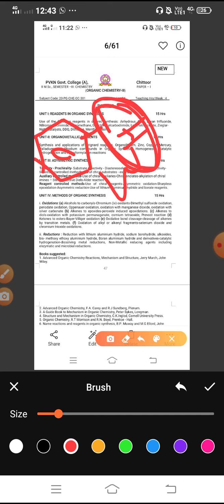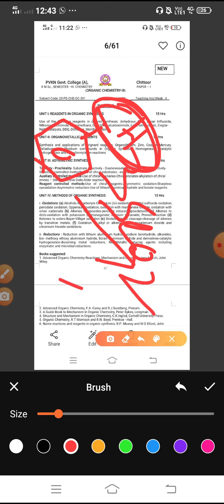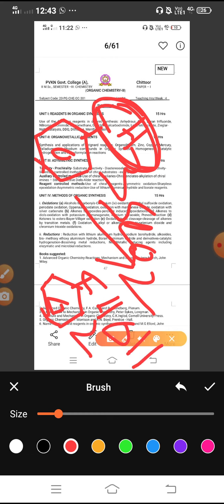For benzylic oxidation, you use the reagent selenium dioxide, SeO2, an oxidation reagent. The product is benzyl alcohol, CH2OH. See here, CH3 is converted into CH2OH. This is toluene, this is benzyl alcohol.